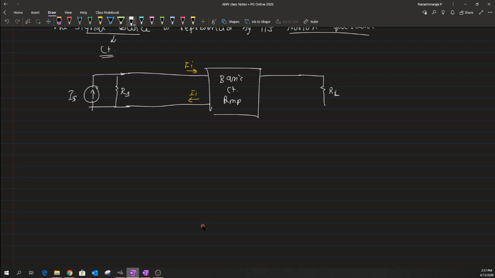Okay, so these non-ideal models of sources and loads will not impact the gain expression unless the basic amplifier is a non-ideal one. In case this basic amplifier is non-ideal, then these components would impact the gain expression and many things. Those things we will discuss in the next class, but as of now, today our primary focus is on the ideal model of this basic amplifier.